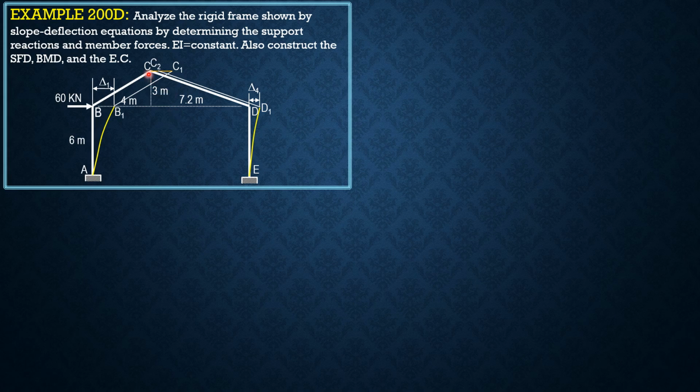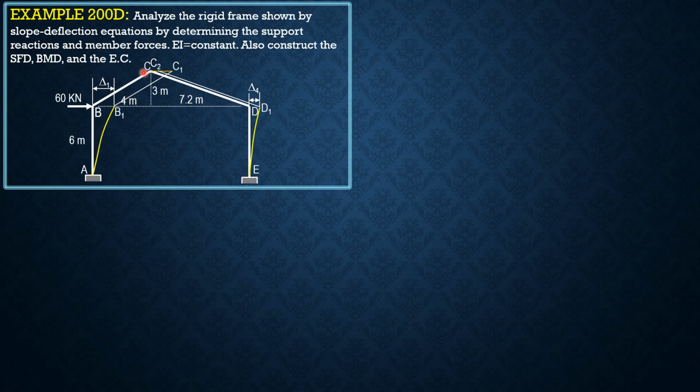So distance C2 is equal to delta 4, while distance C1, because B1 C1 is parallel to BC, is delta 1. Therefore, the distance between C2 and C1 horizontally is delta 1 minus delta 4.